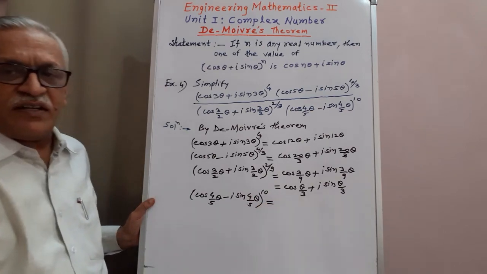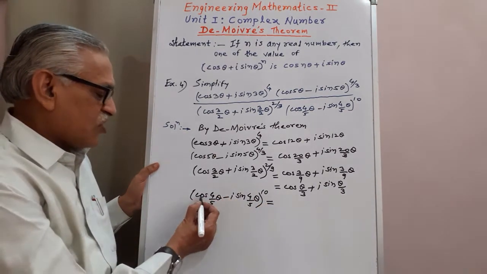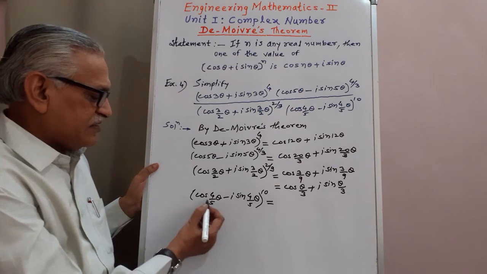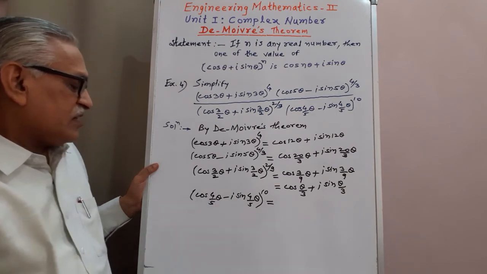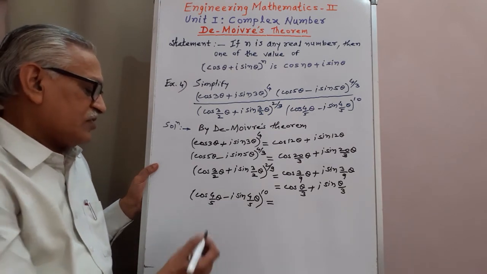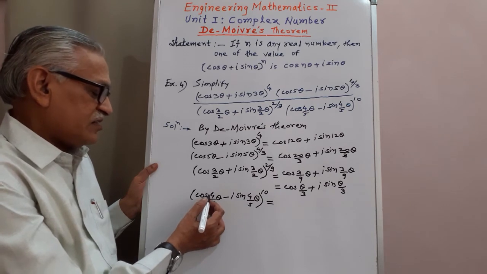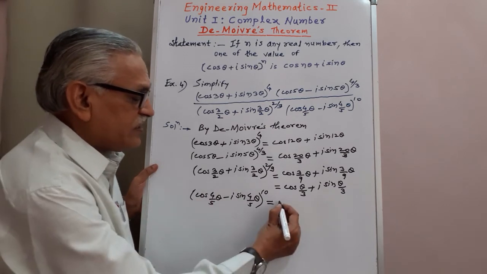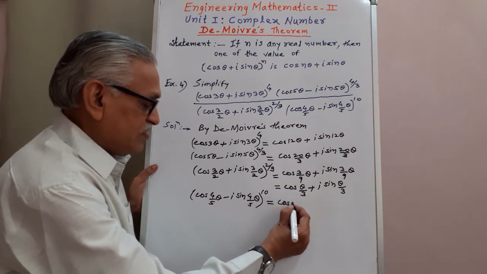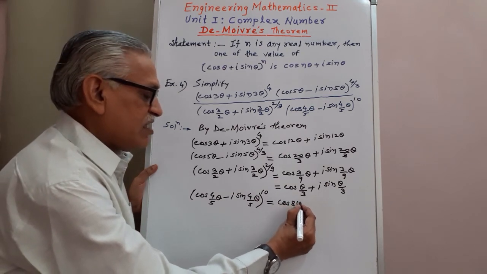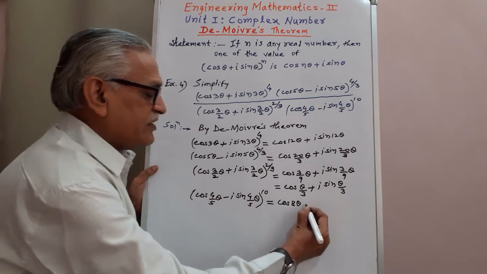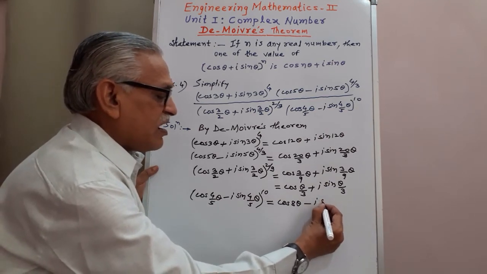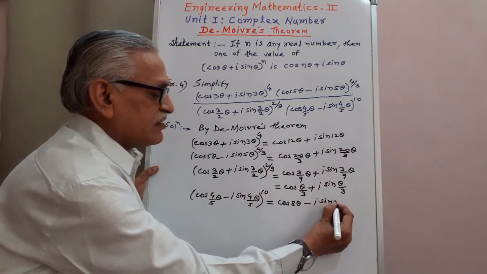Again applying de Moivre's theorem, we get cos nθ − i sin nθ. Therefore, it is 10 times 4/5, which is 40/5. After simplification we get cos of 8θ − i sin of 8θ.